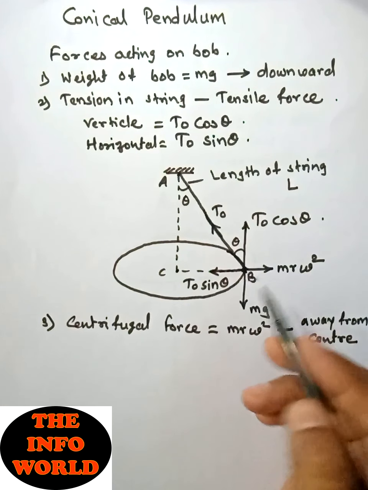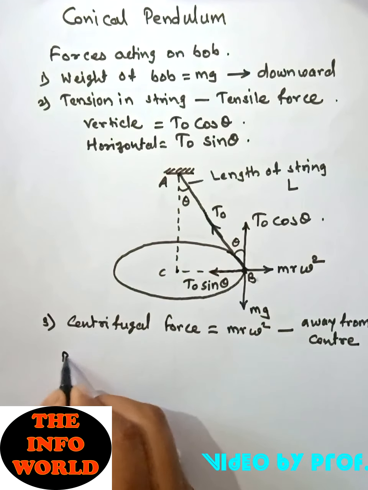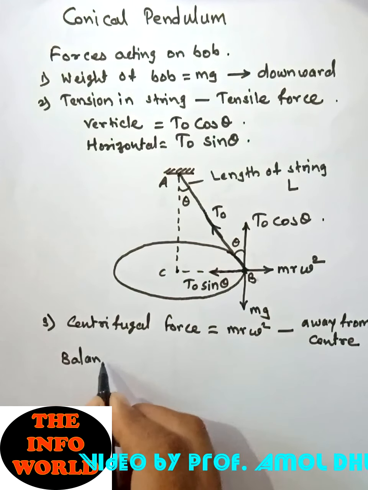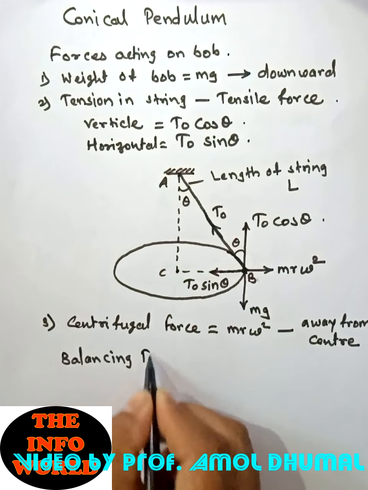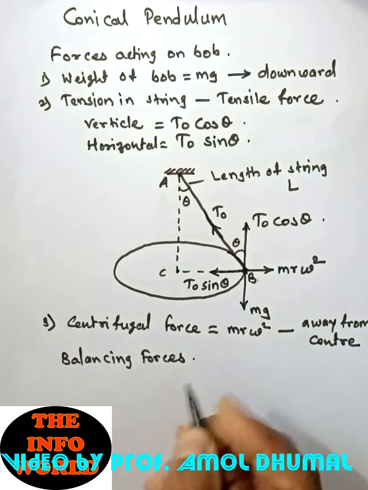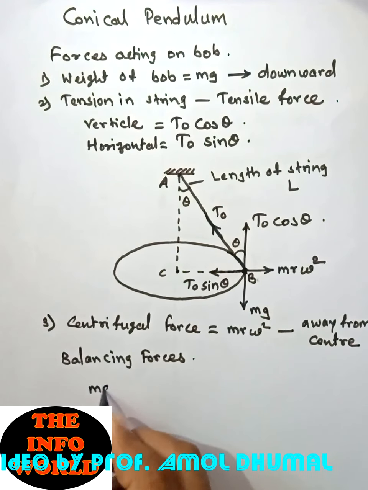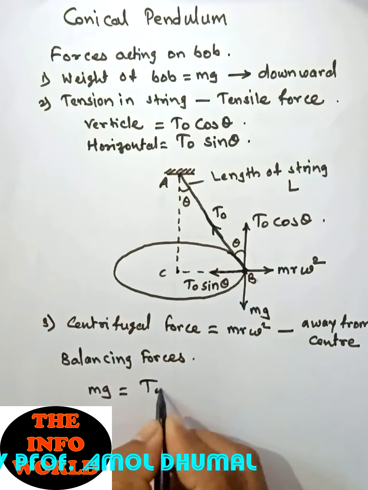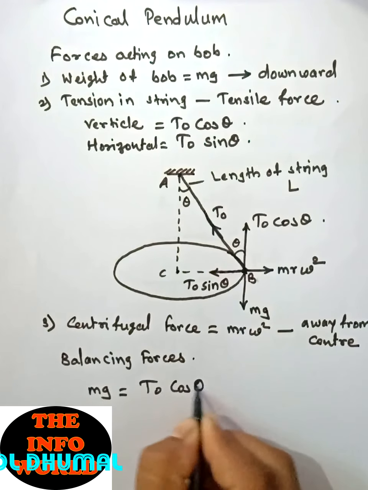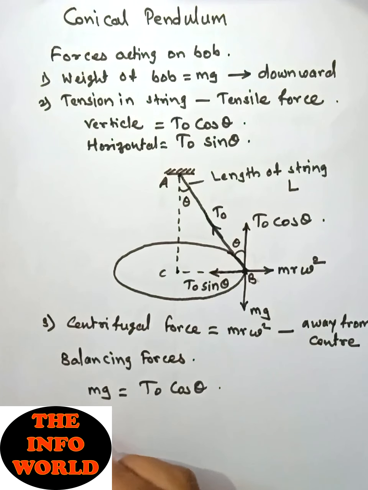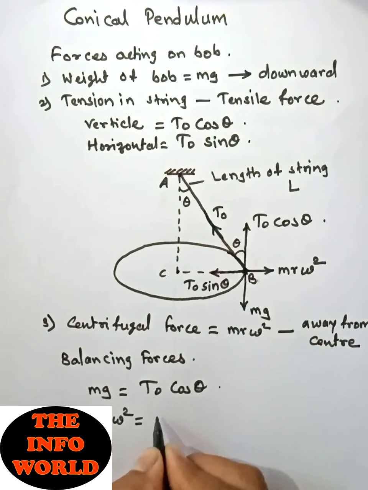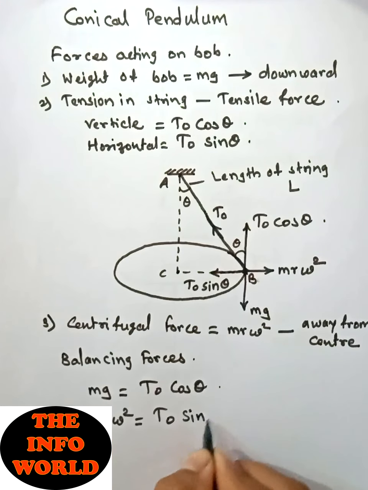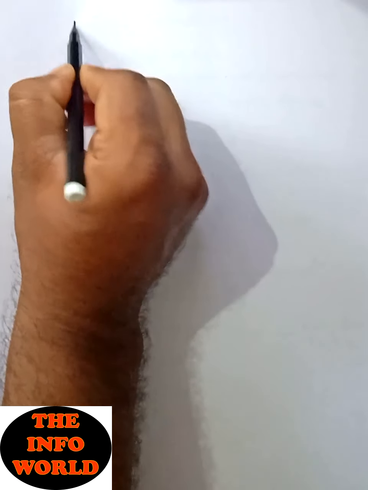So we can write these balancing forces as mg is equal to T0 cos theta and m r omega square is equal to T0 sin theta.